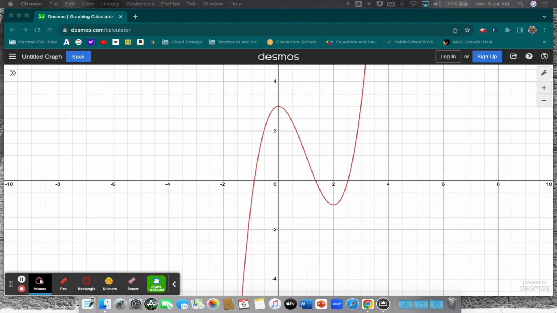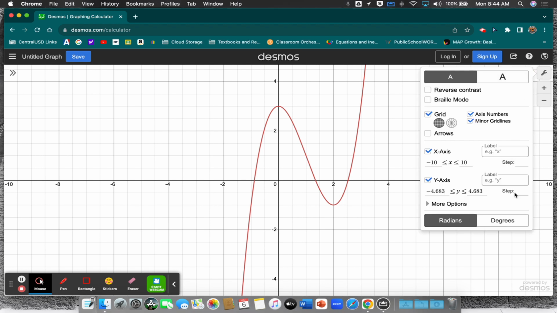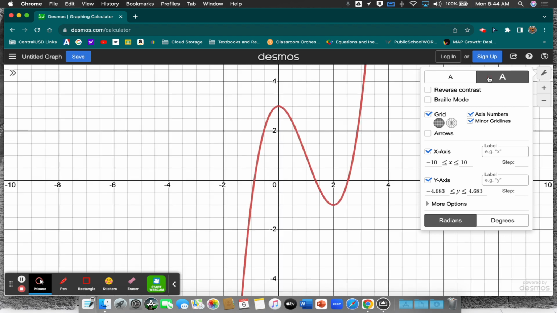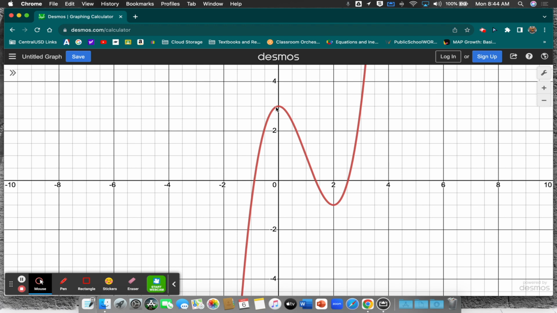So you can see, not on your phones, up here. Thank you. You can see, let me bold this. This is concave down. This is concave up. Where does it change? Right there. That dot right there is where it changes from concave down to concave up.